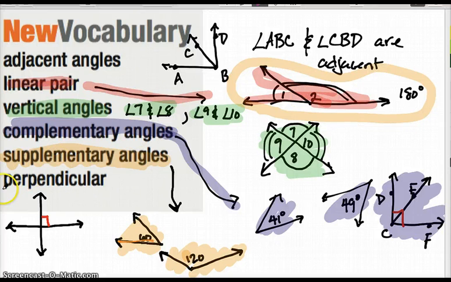So here's the word perpendicular. Perpendicular lines or perpendicular means two things that intersect to form a 90-degree angle. Could be lines, could be segments, could be rays, but perpendicular means forming a 90-degree angle.